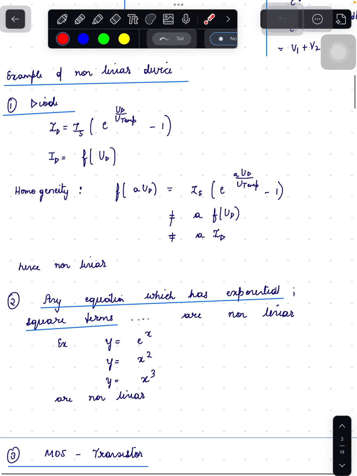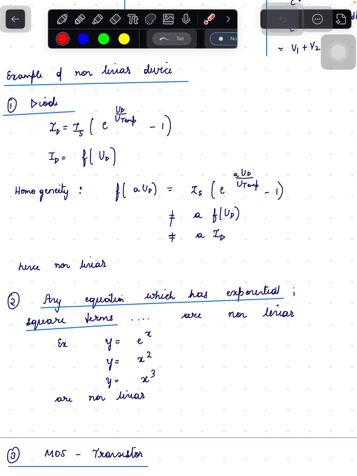Examples of non-linear devices: diode, where the diode current equals Is times e to the power (UD by UT) minus 1. So the diode current is an exponential function of its voltage. The diode does not conform with the homogeneity rule, that is, when the input is multiplied by a constant, that is a times UD, the output is not equal to a times ID.